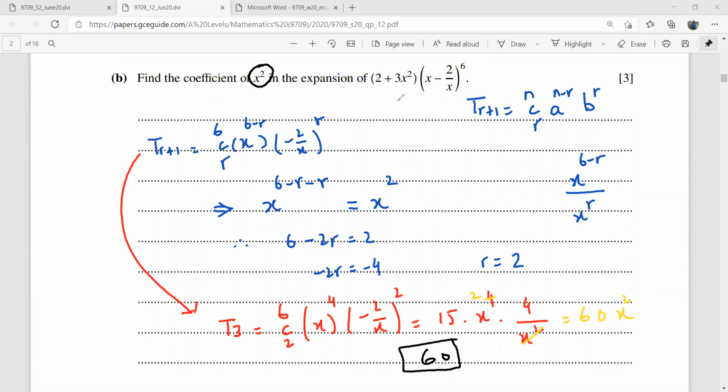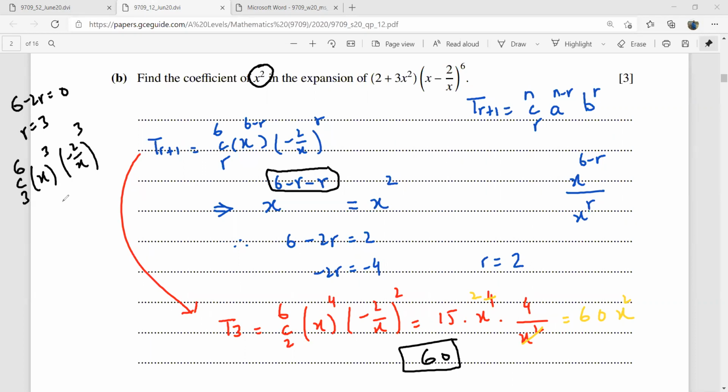So let's do that. I'm going to use the same working, putting all this power on the side here, 6 minus 2r equal to 0. And that will give me r equal to 3. And I'll quickly find that term which has no x in it. So that will give me 6C3 into x raised to power 3 into (-2/x) raised to power 3 as well.